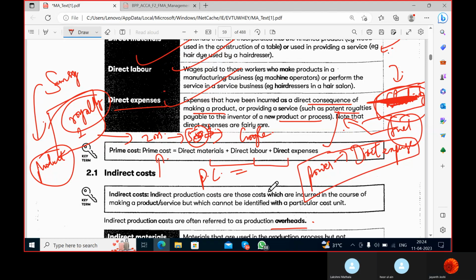See, power is not a small thing. Power means horsepower. Very big machinery, very big generators, or a very big power grid should be there near your factory. You have to establish a power plant for that. From that, power comes directly and charges the machinery to work. So this can be a direct expense, correct? And fuel can also be a direct expense.